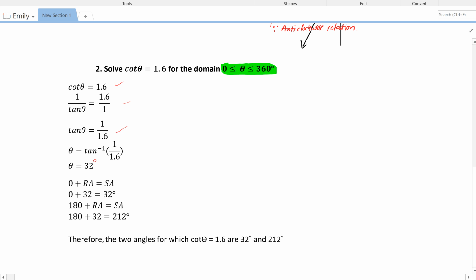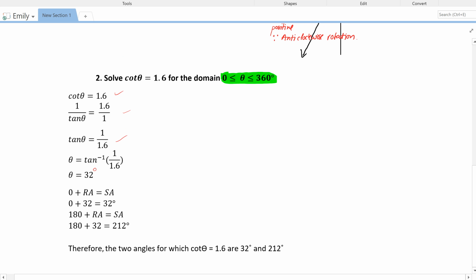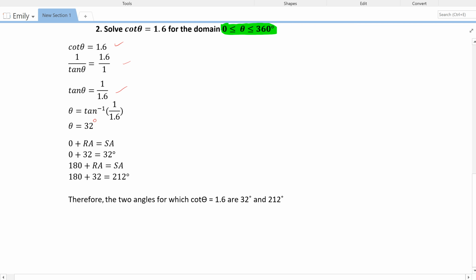Now solve that. That means you have to find the angle. So one of the angles that we have is 32. Now, what is that RA and SA? That's the formula that they gave in the course, and you show the formulas that you use before putting the numbers in.